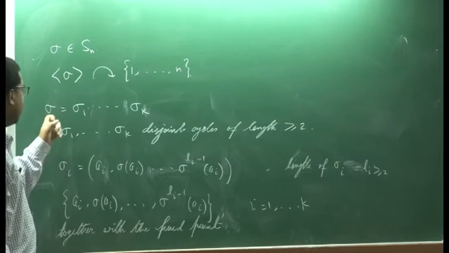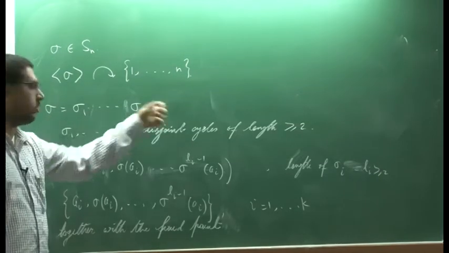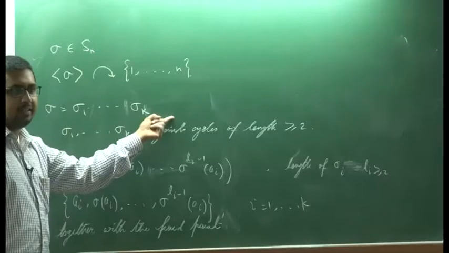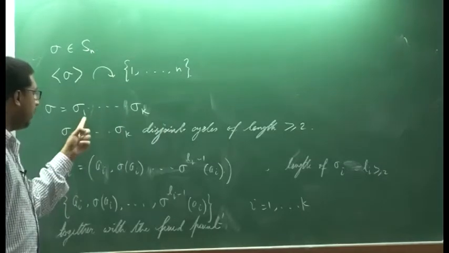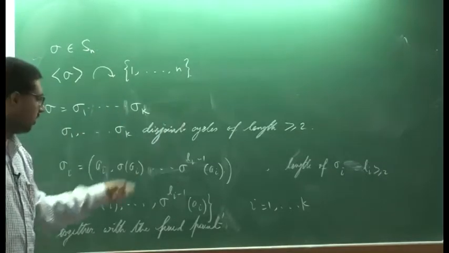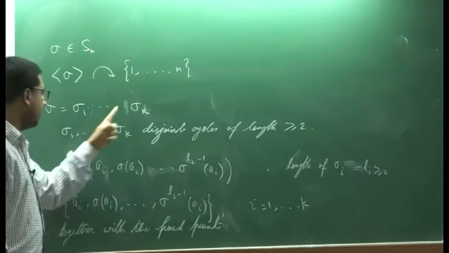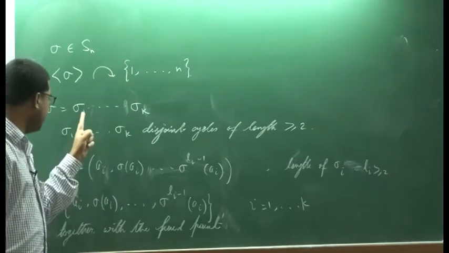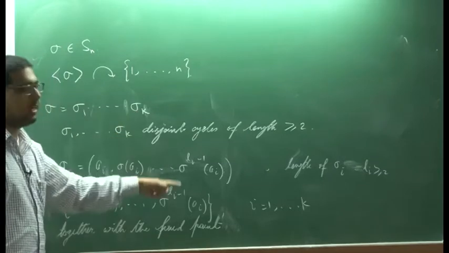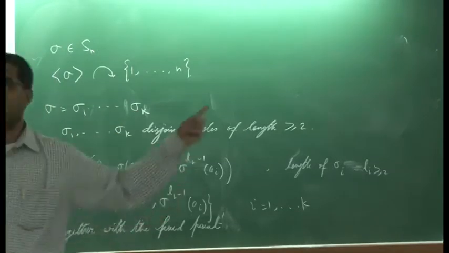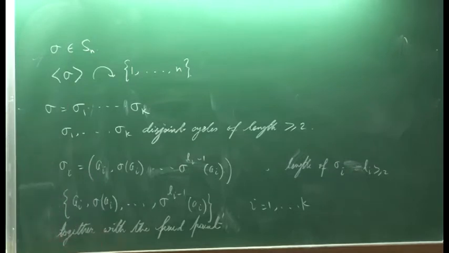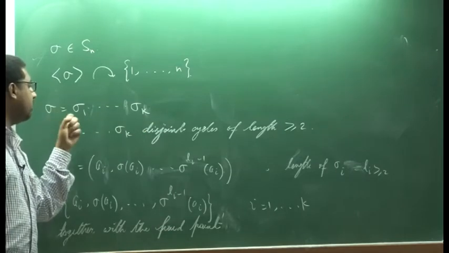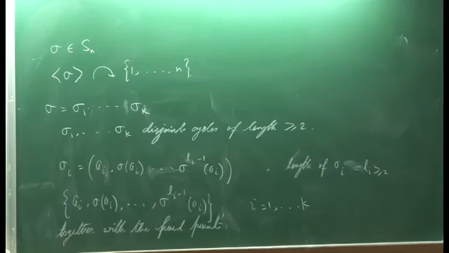This proof shows that whenever sigma can be written as a product of disjoint cycles, then for each of the terms in that product, they correspond to some non-trivial orbit, and together with the fixed points we get all the orbits. So, what does that tell us? It tells us that this decomposition of sigma into the product of disjoint cycles must be unique.